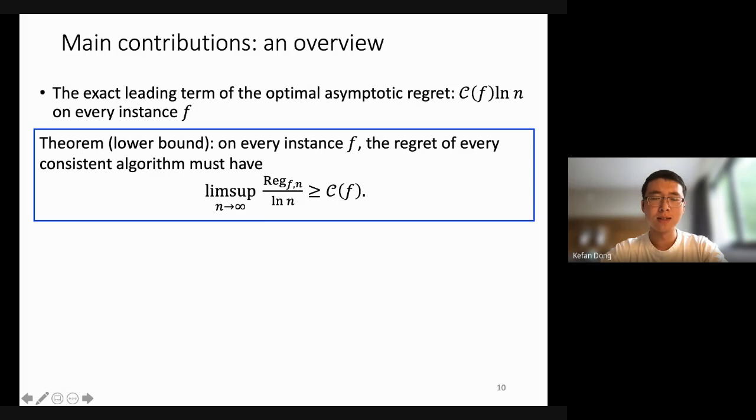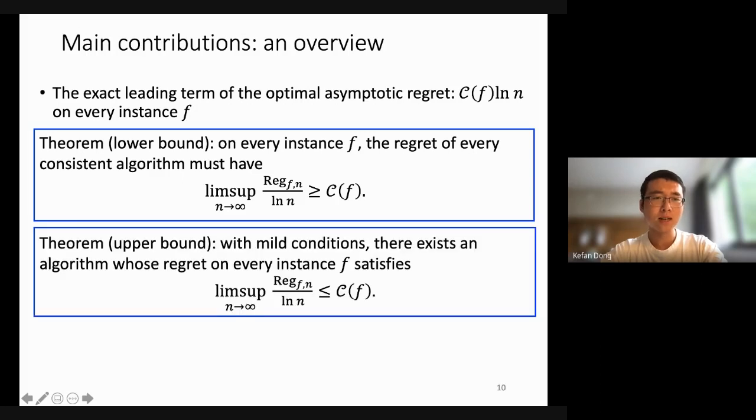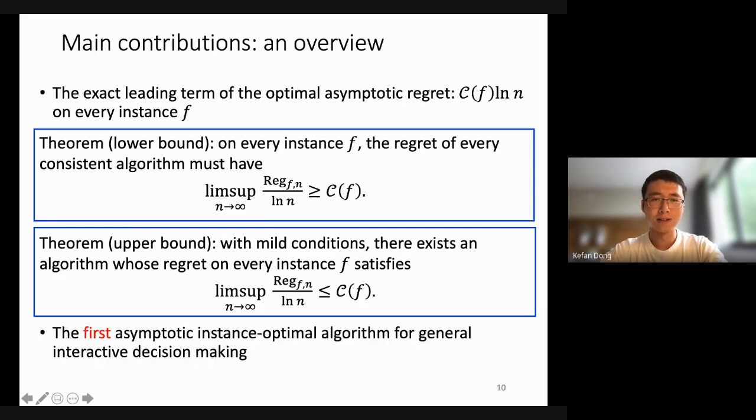So regret divided by log n is asymptotically larger than C of f. And we also design an algorithm that, with mild conditions, has regret divided by log n asymptotically smaller than C of f. And in this sense, this is the first asymptotic instance optimal algorithm for general interactive decision making.